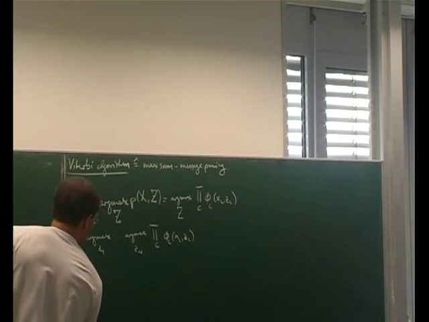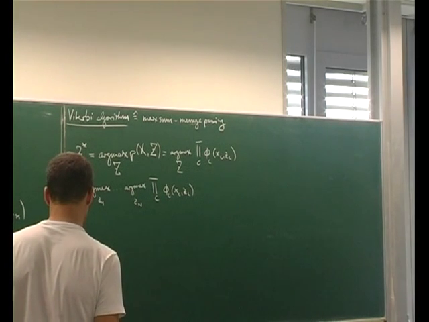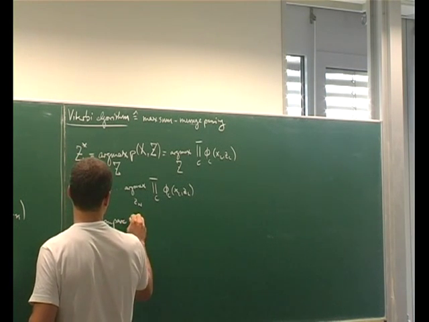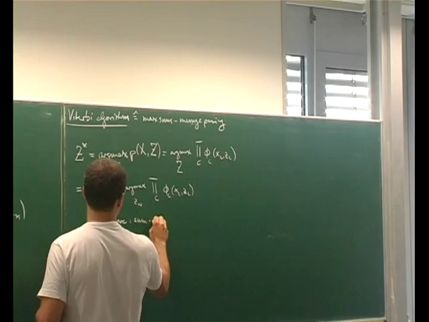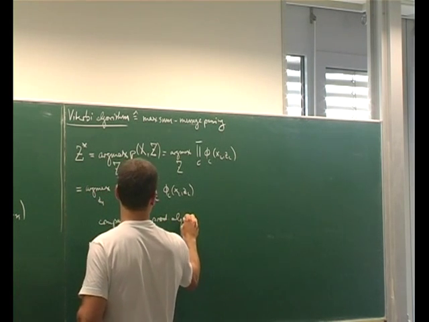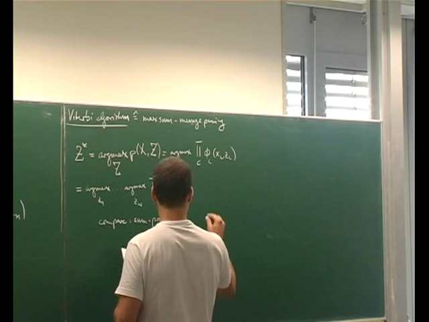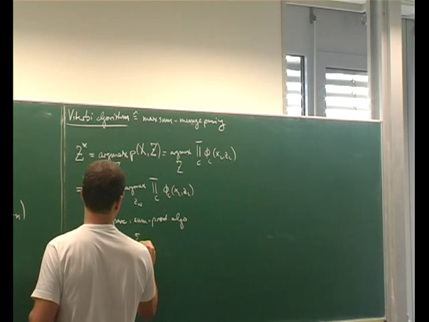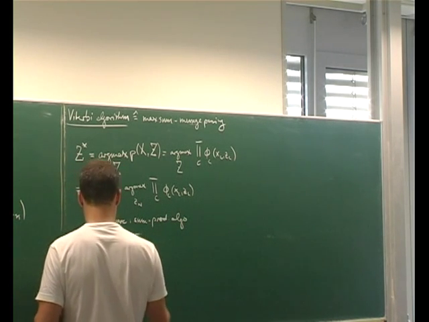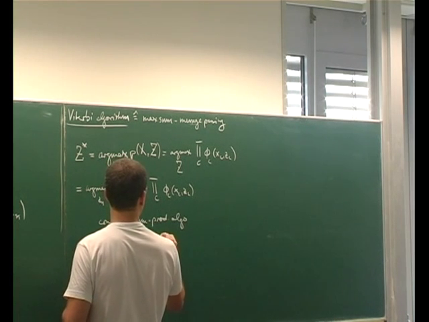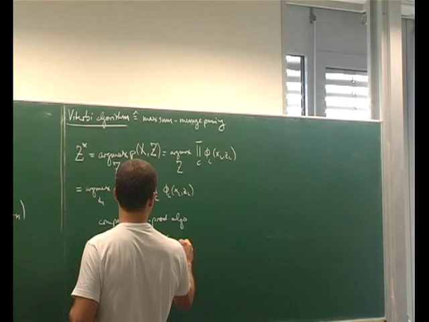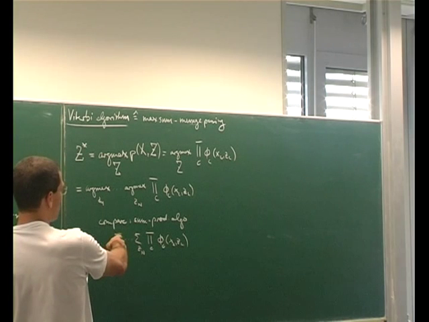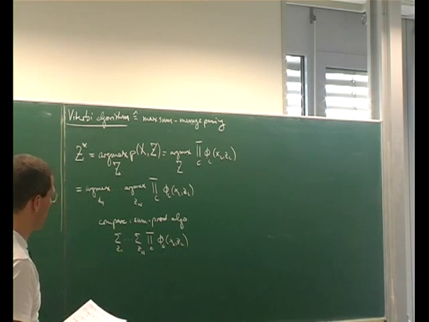Now, that may remind you of something, namely, in the sum product algorithm, we had a similar expression where we had a summation over Z1, summation over Zn, so where we used to have summations, we now have these maximization operations.